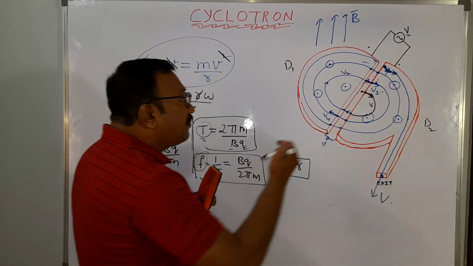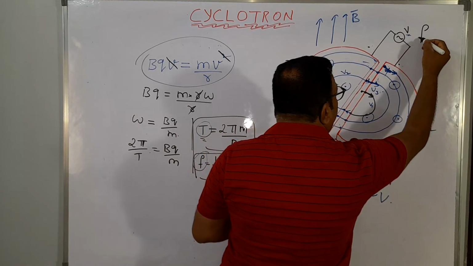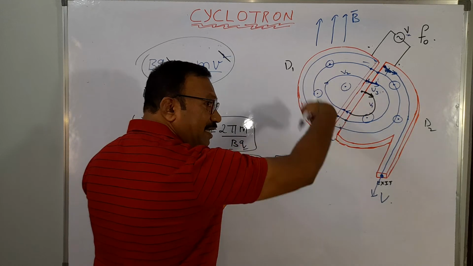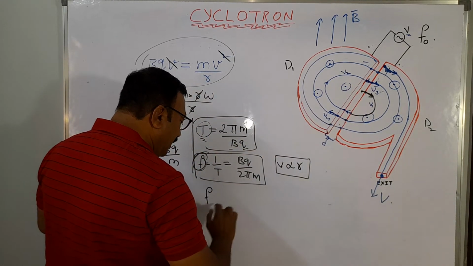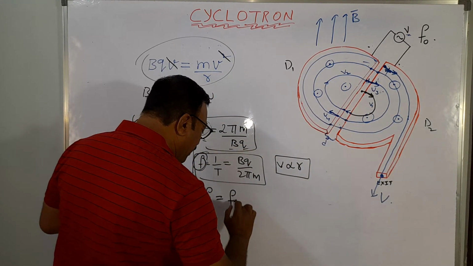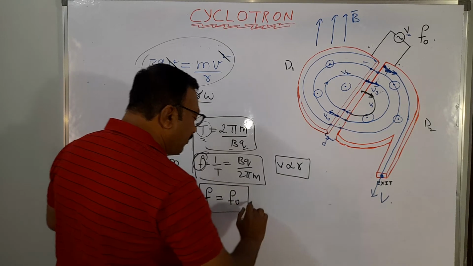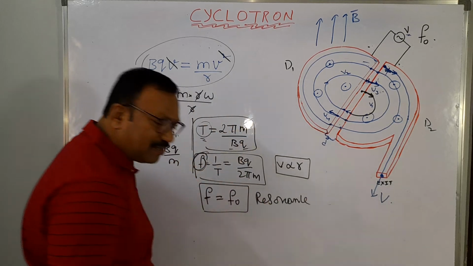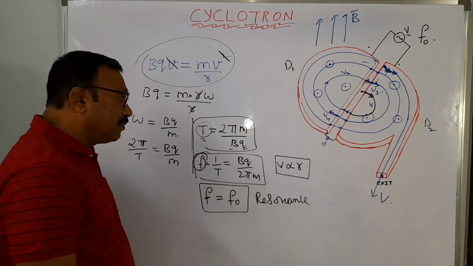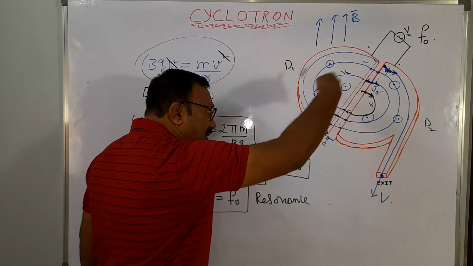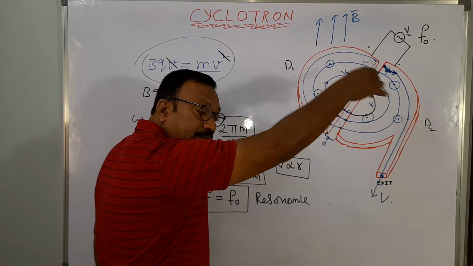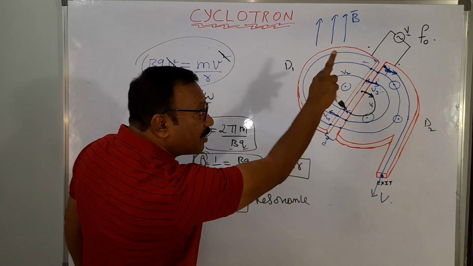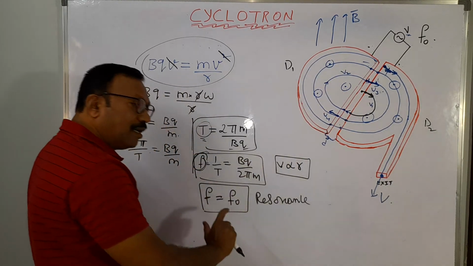Now, let the frequency of this AC be F naught. Let the frequency of the charged particle that is revolving inside this D be F, and I can make these two equal. This is called the condition of resonance. When the frequencies are equal, you call it resonance. So the number of revolutions per second and the frequency of the AC that is changing are equal.